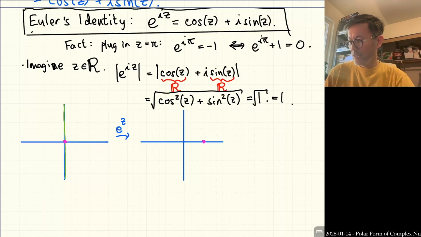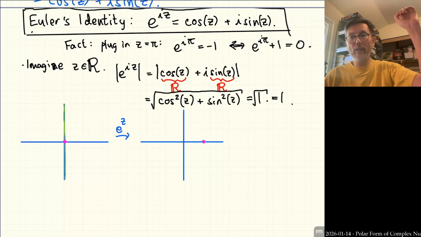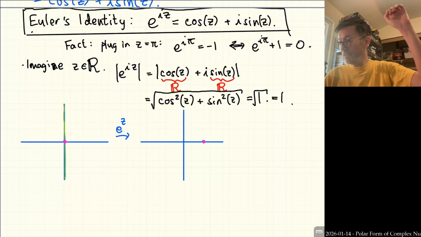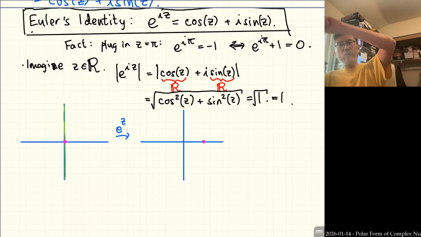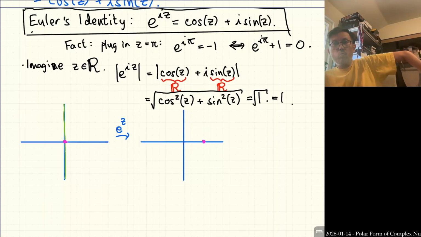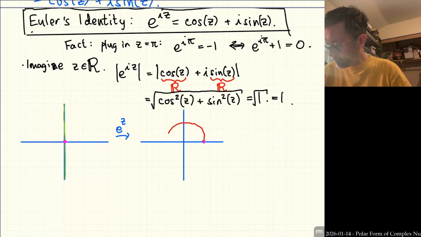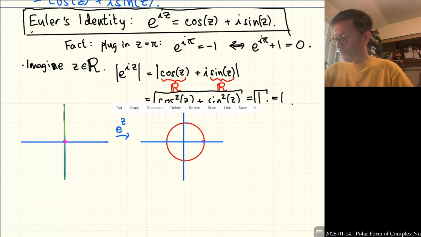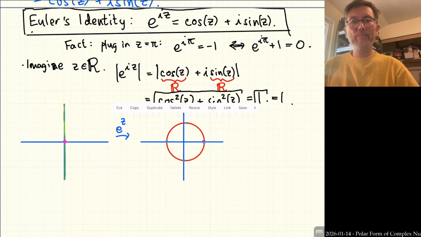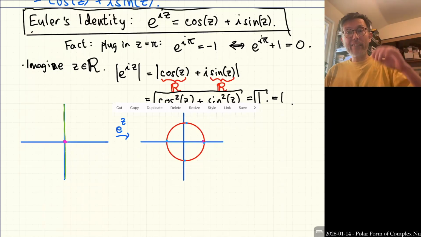All right? And now, again, imagine it travels upward. Then what's happening is that this angle z is increasing. It's getting larger, both here and in the imaginary part. And so what we're going to see is us revolving around the unit circle, something like this. Okay, neat.